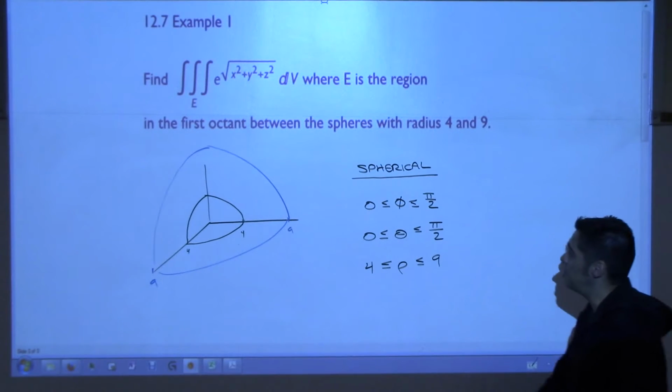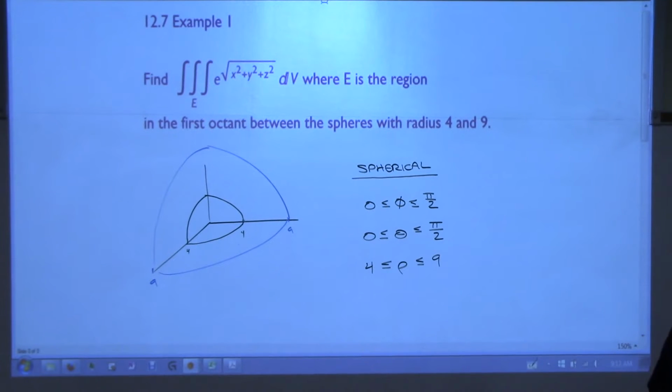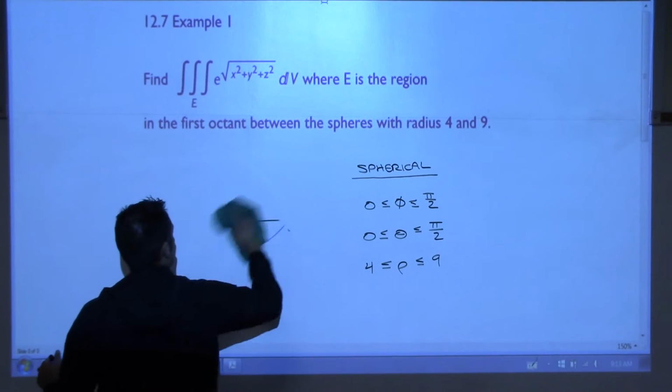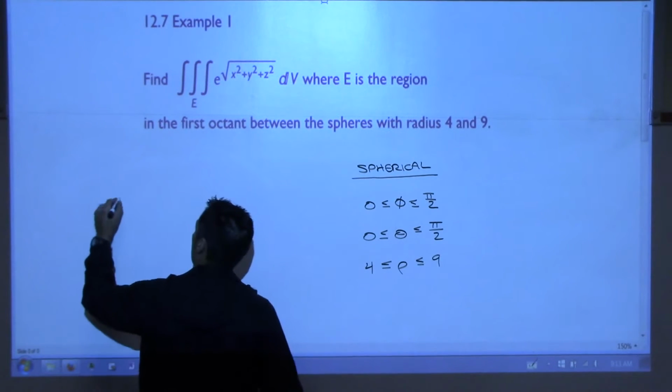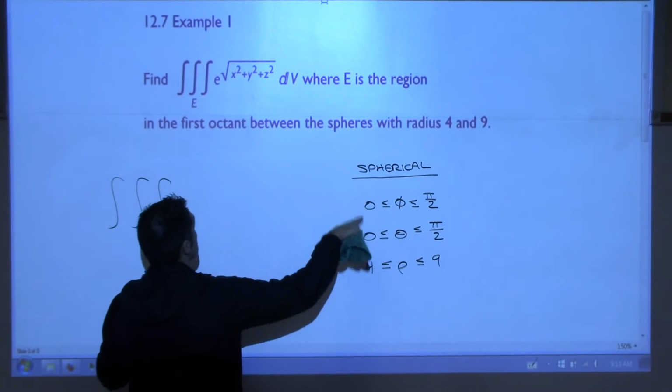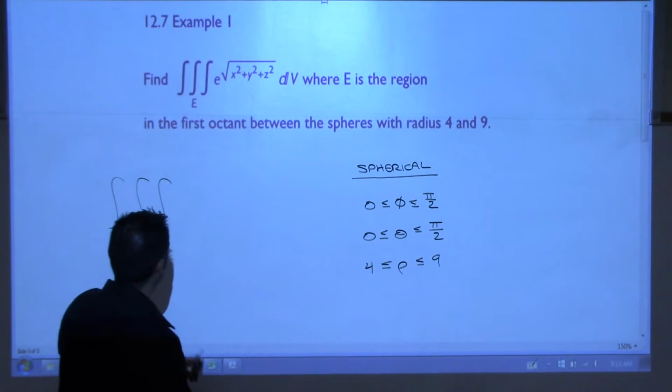And now we try to set up this triple integral with spherical. So I look at this triple integral over E, and I know I'm going to have these restrictions. I'll worry about the order in a second.